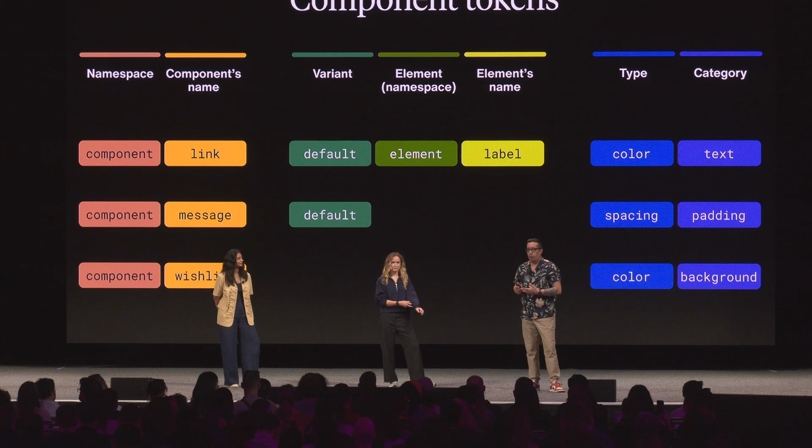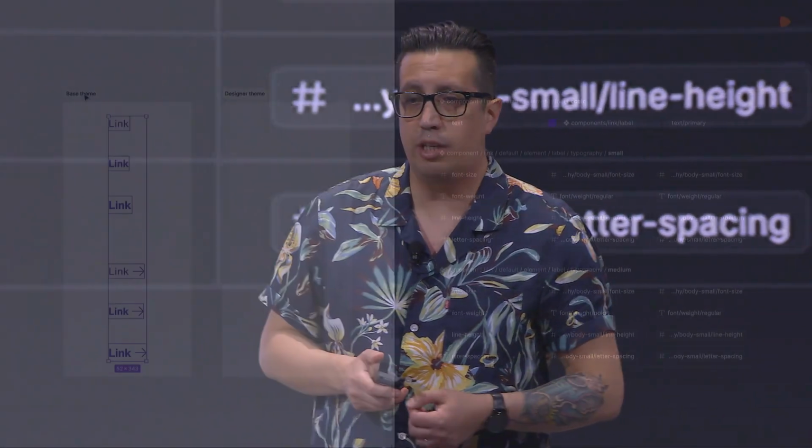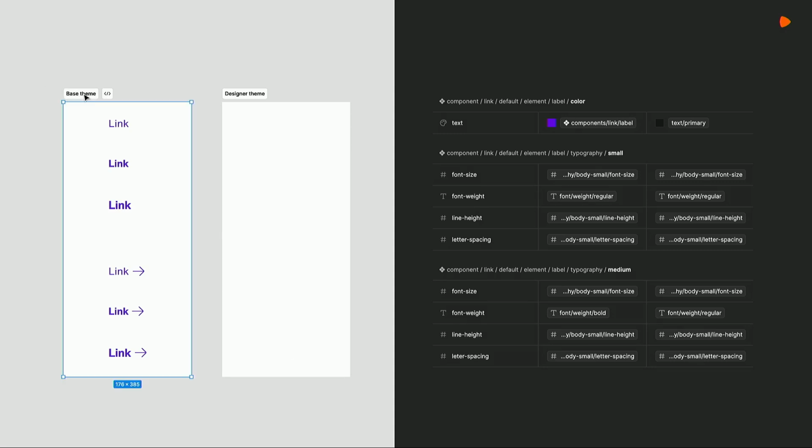So we used component tokens for specific cases to introduce a higher level of configuration. For instance, in the designer theme, we needed to make our links typography lighter, hide the icon, and change the color. Component tokens was the only way to target these properties without affecting other components.